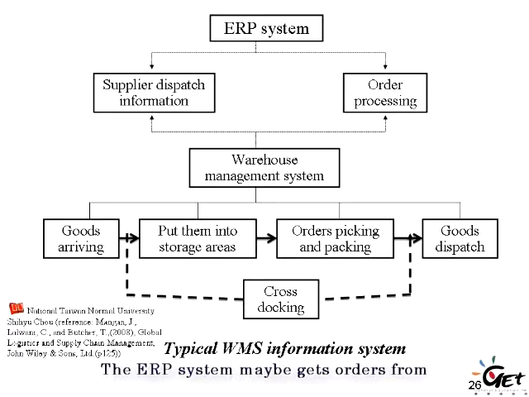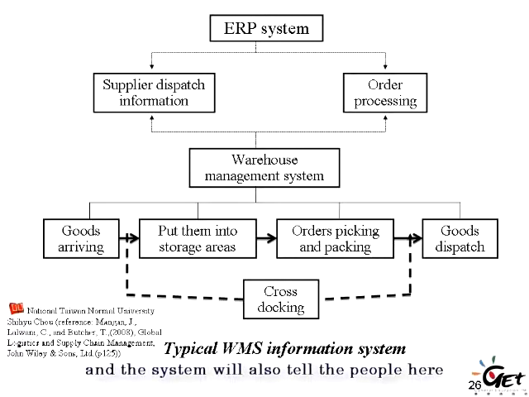The ERP system may get orders from the customers. Then we can transmit the order information from this system to this system. And this system will generate, say, a picking list and tell people here to pick and pack the items for the orders.